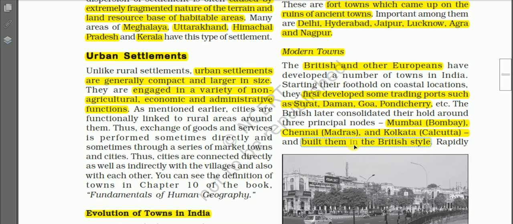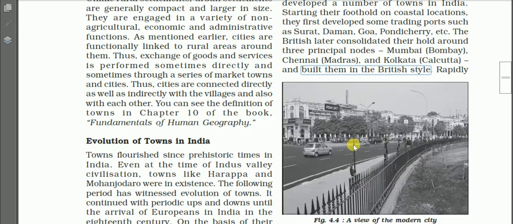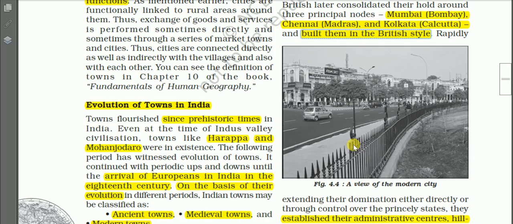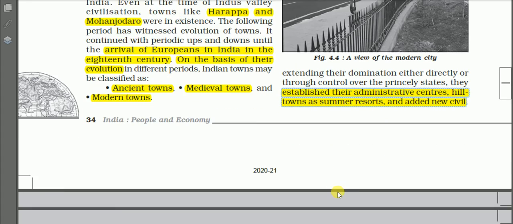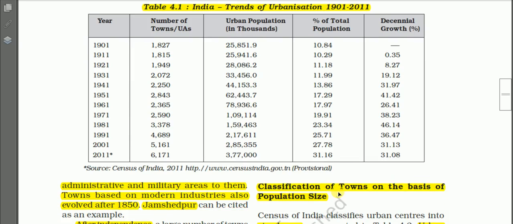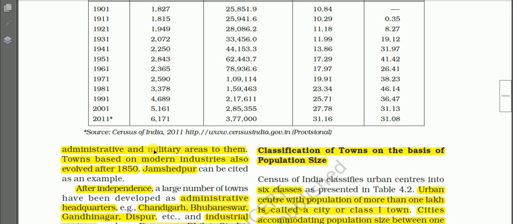You must know that. And rapidly extending their domination either directly or through control over the princely states, they established their administrative centers, then hill towns as summer resorts, and added new civil, administrative, and military areas to them.